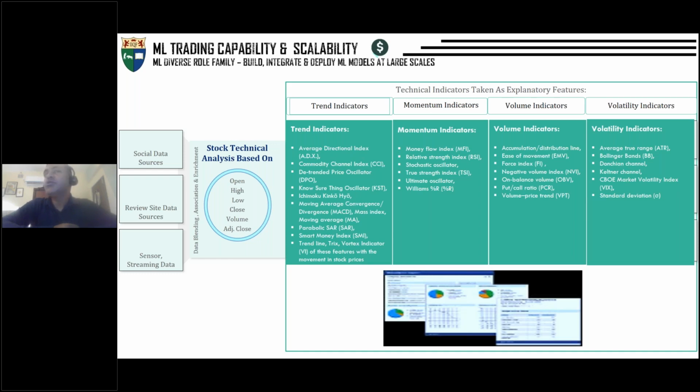So based on whether your strategy is purely momentum driven or trend driven or volume driven or volatility driven, or based on a multifaceted strategy, you could pick and choose from this list and build those indicators into your trading application, right? And then present it to the neural network to do the forecasting or prediction task, right?